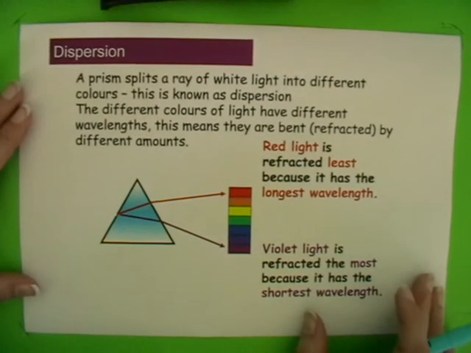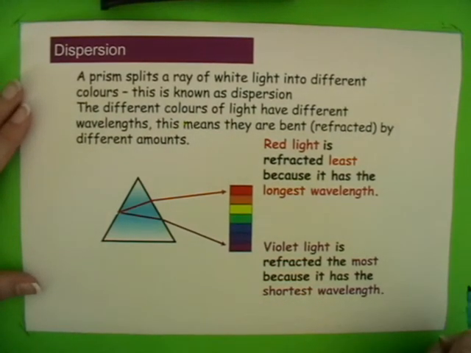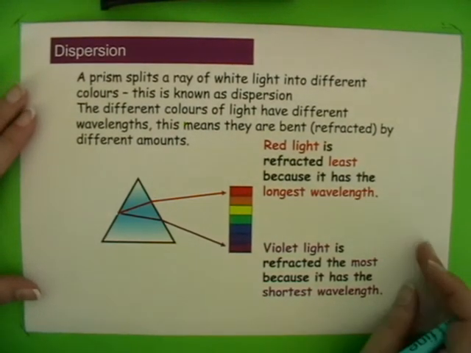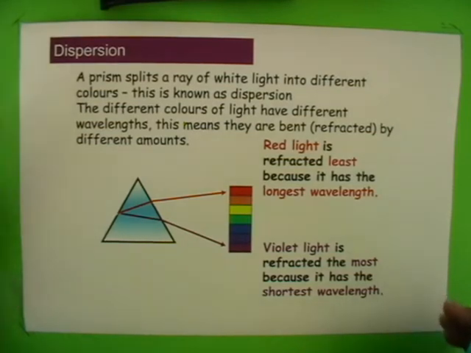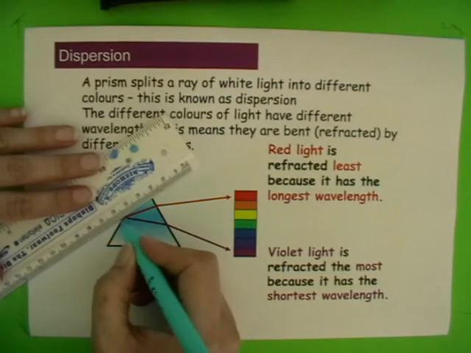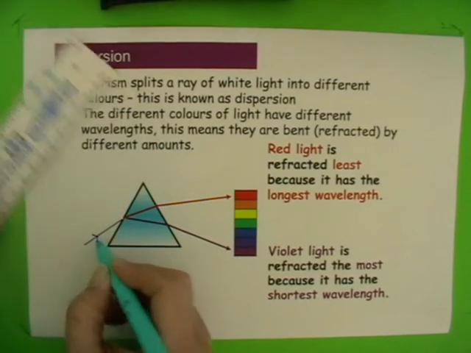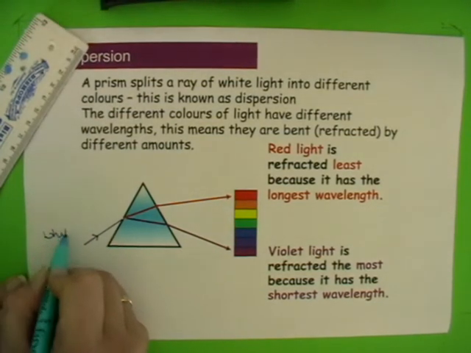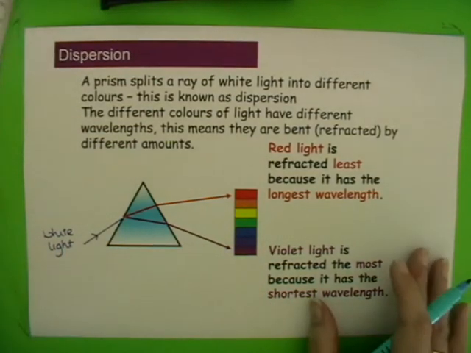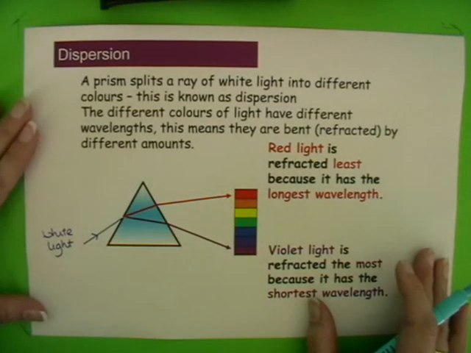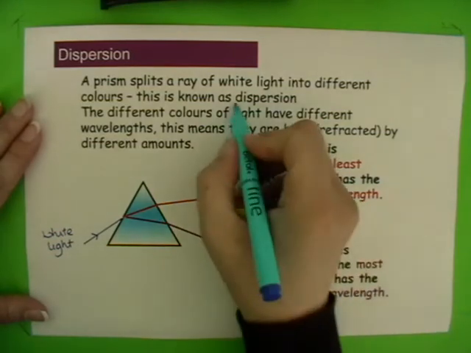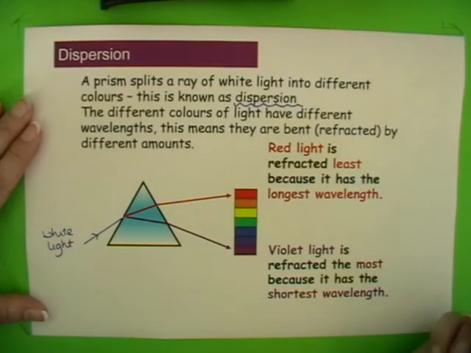Dispersion is the next property we want to look at. Dispersion is basically whenever we have a ray of light entering a prism, for example, a triangular prism here. So this is a white light ray. It can split the white light into the different colours, and this property is known as dispersion.